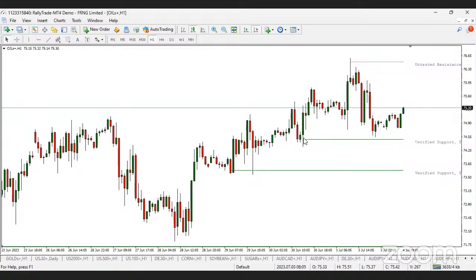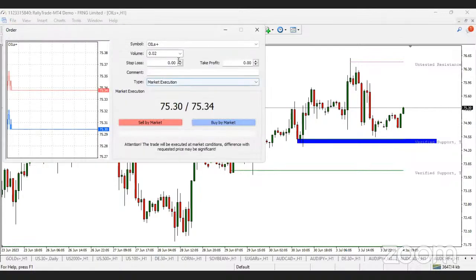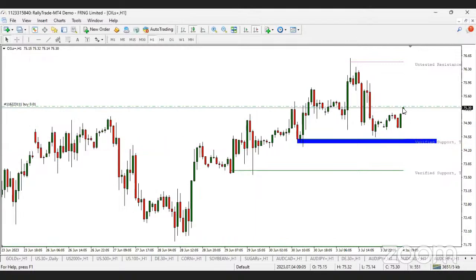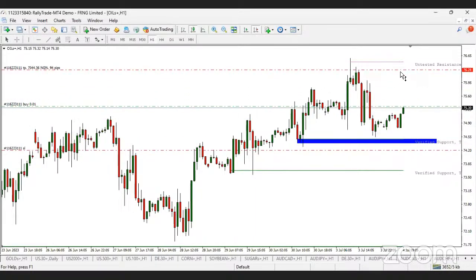Oil is just leaving a horizontal support, as we can see here. So my reason to buy is very valid here. I will buy now, and I'll put my stop below my horizontal support and my TP above, 1:1. Very simple. So oil is a buy trade, just following those simple rules.